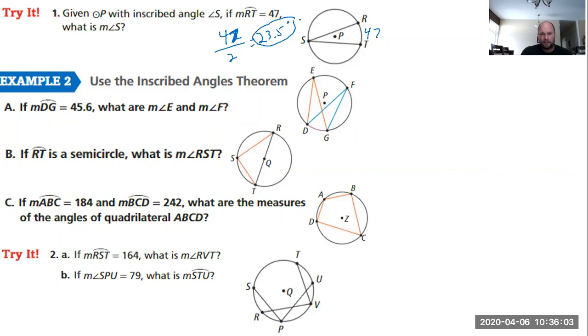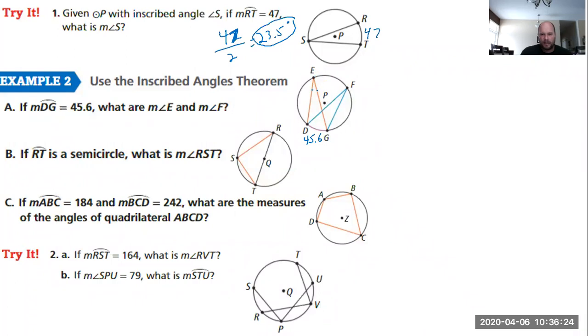Again, that's all we're doing. That's what the majority of this section is. Out of all the sections in this chapter, this is probably going to be one of the easier ones. If the measure of DG, so here's DG right here, is 45.6, what are the measures of angle E and F?